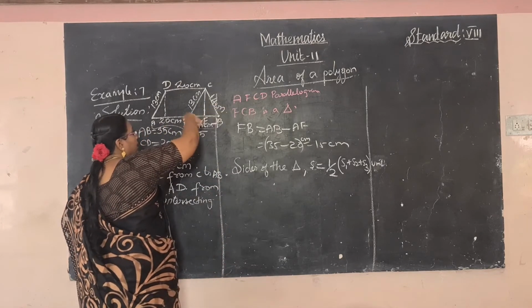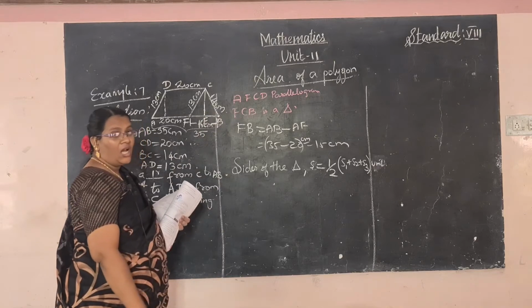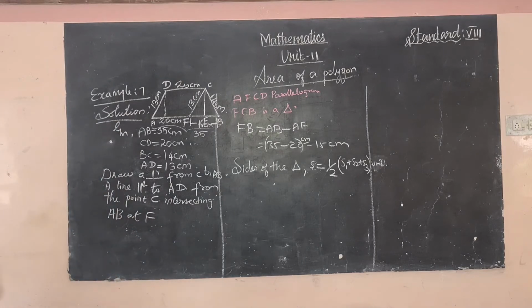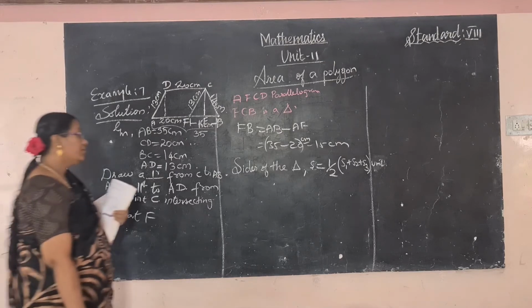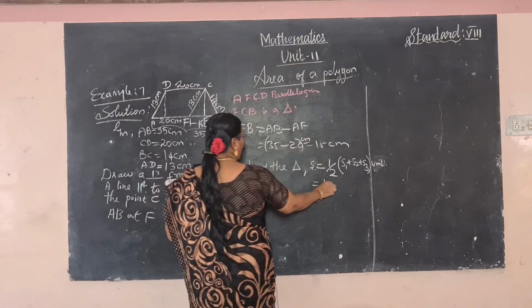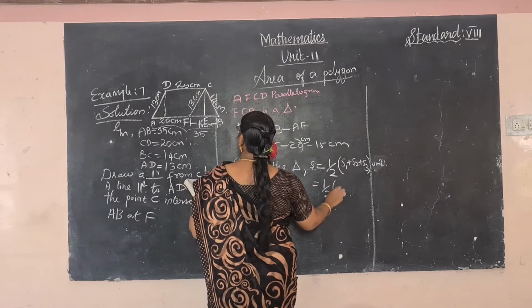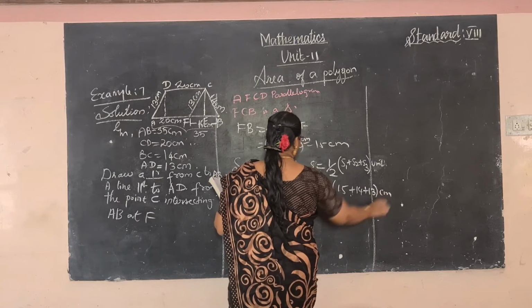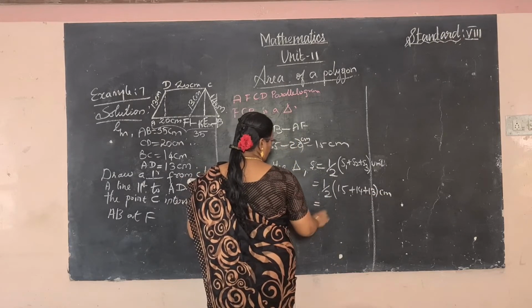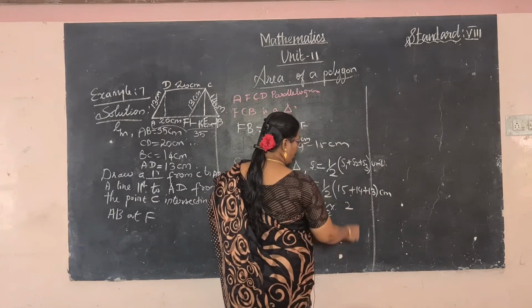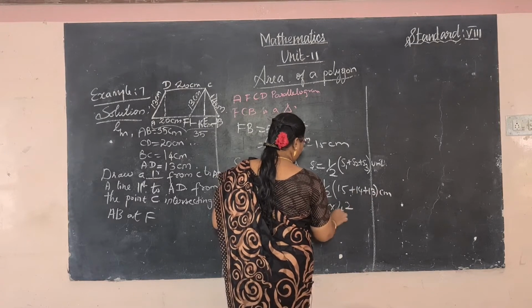Half into the sum of the three sides. Here S is half into 15 plus 14 plus 13 centimeter. So half into the sum, 42, and so 21. Then 3, 4, so it will be cancelled.